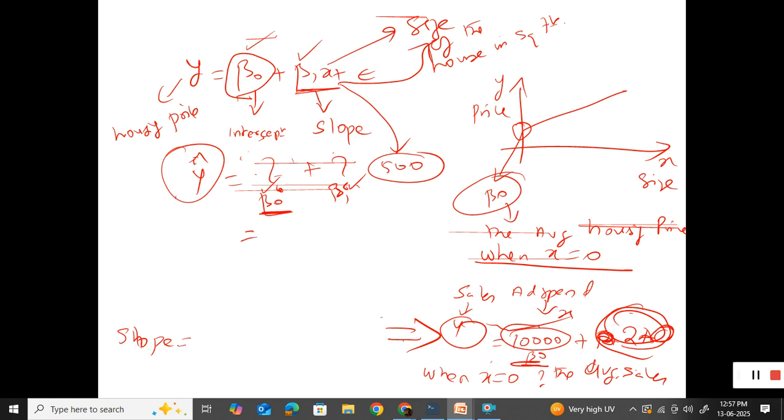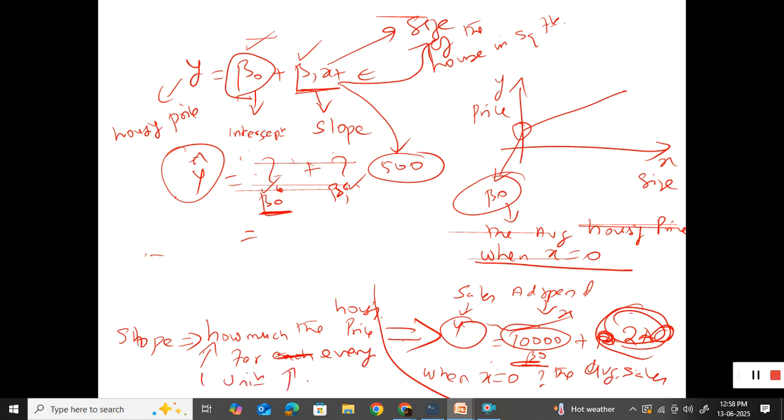How much the housing price increases for each, we can say this way, for every 1 unit increase in square feet.